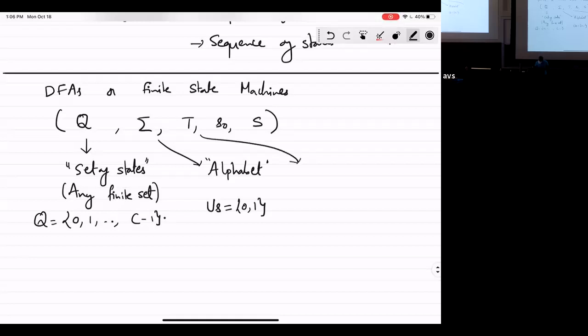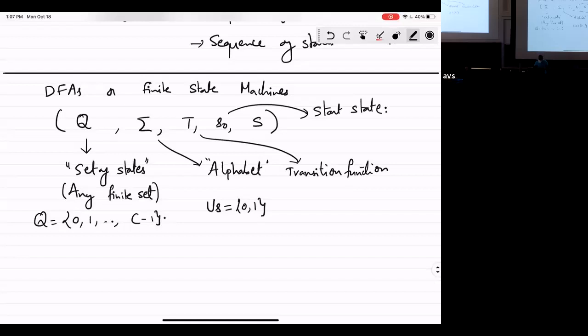And T is the transition function. S0 is the start state. When you talk about allowing arbitrary names, you also have to specify the start state. But again, what's in a name?